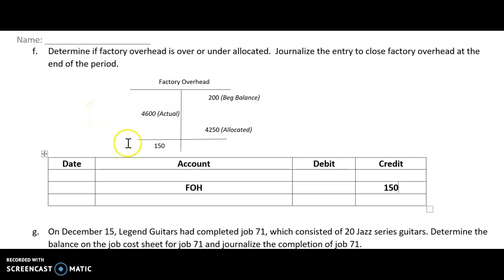And since this is an immaterial number, and I'm just going to assume that I've already sold that, in this chapter we will always do this: debit cost of goods sold for the 150.